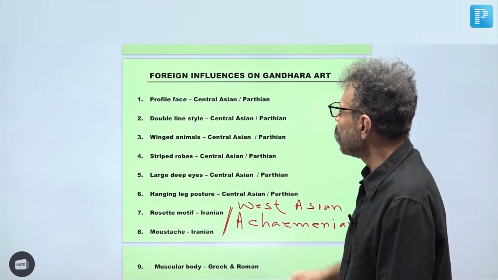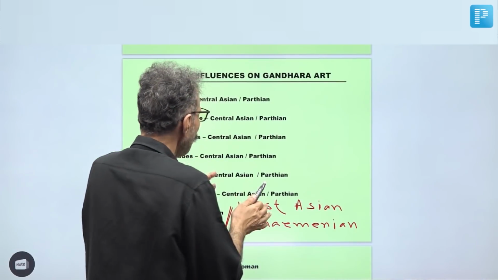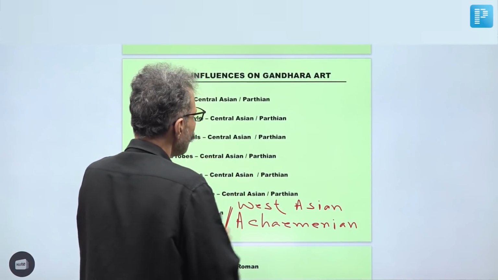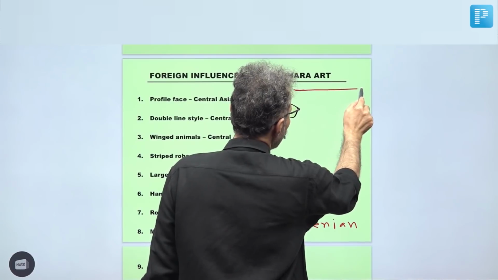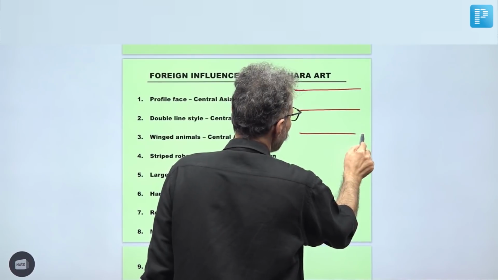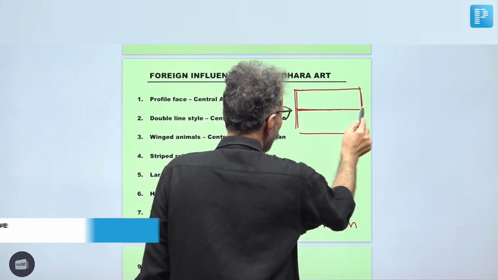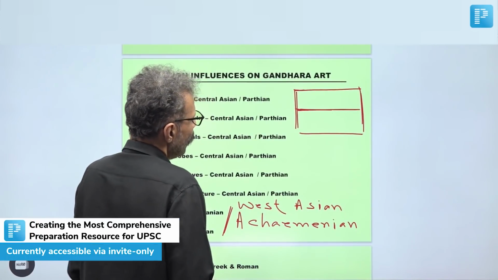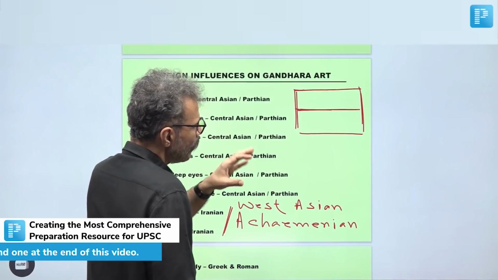Double line style. Double line style means a style of relief under which, suppose this is a stone slab. I'm showing through illustration, you will understand. This is a stone slab. And double line style means that the depictions are on two horizontal lines.